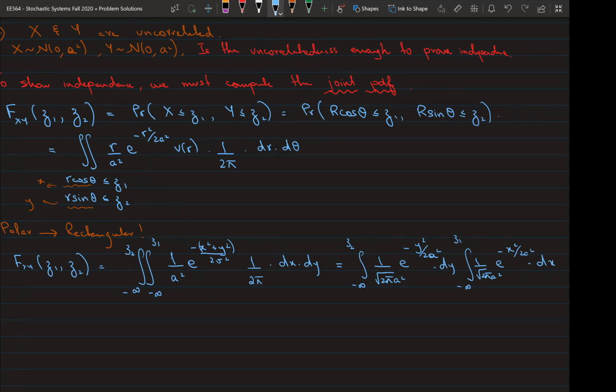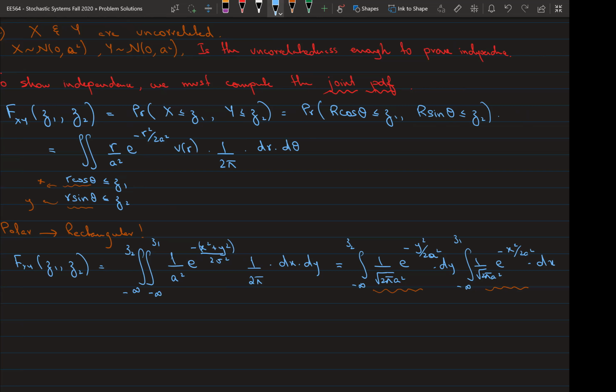And once again, it's clear that this is a product of two CDFs, which are actually Gaussian CDFs. Okay, so it's clear that this is Gaussian and this is Gaussian as well.